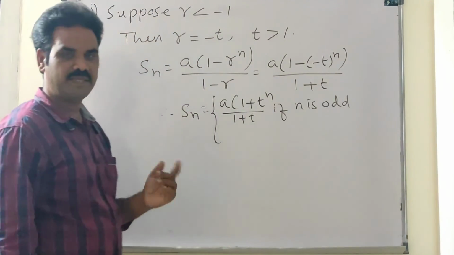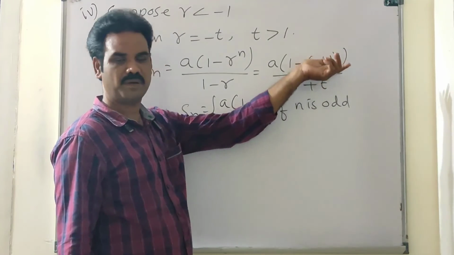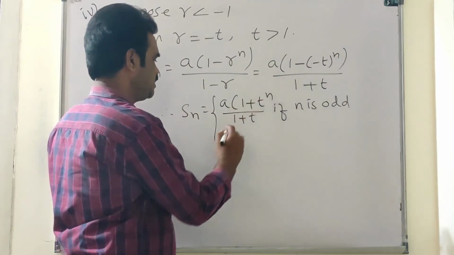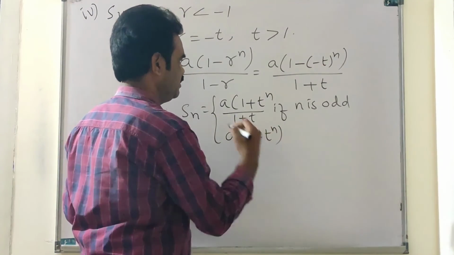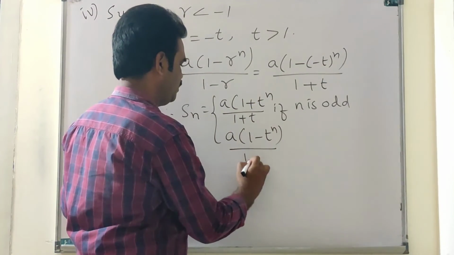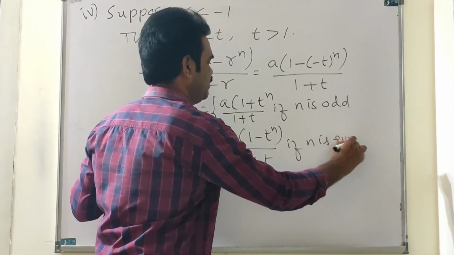If n is even, minus t whole power even number is t power n. That means this becomes a into 1 minus t power n by 1 plus t if n is even.